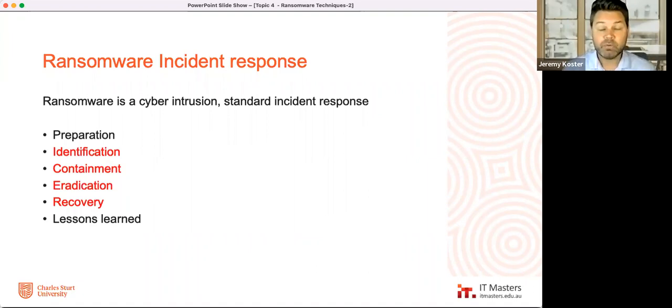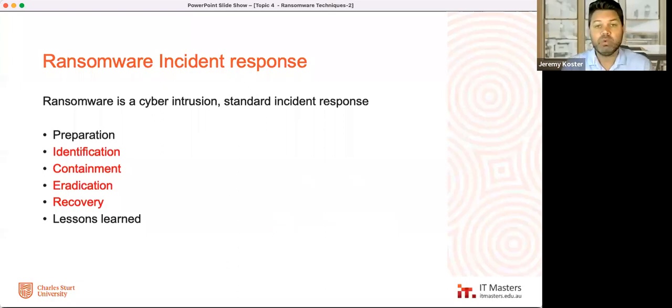There is really no excuse, or not much excuse, for an organization that suffers a near miss or an incident that isn't too bad, but doesn't go back and learn and stop that from happening again. If they've been able to get in one way, you really need to analyze it and figure out how to stop them. So with incident response, there could be a particular field about ransomware incident response.